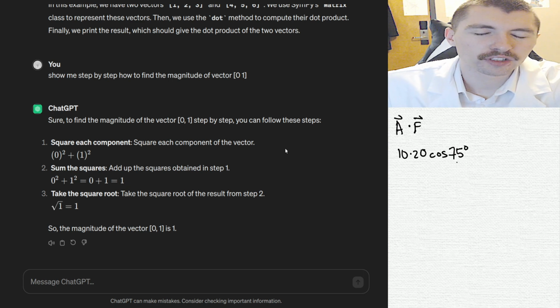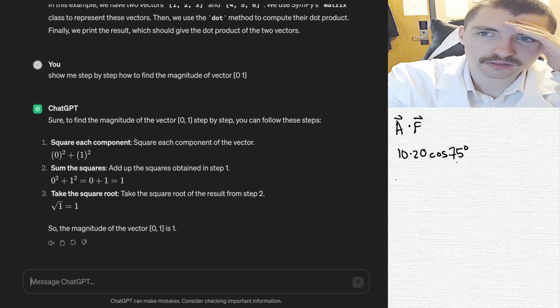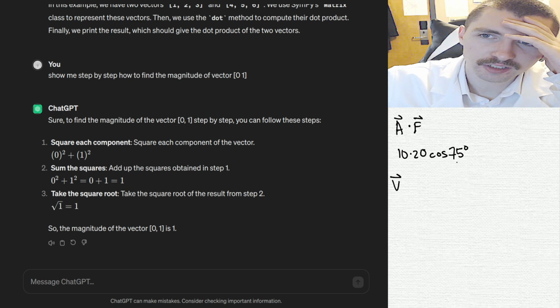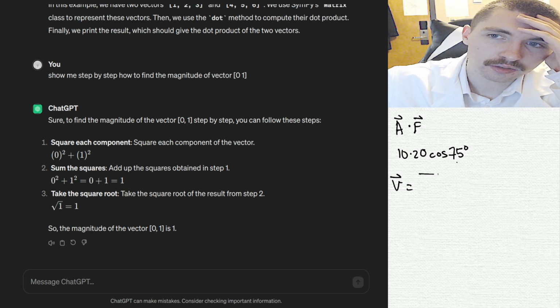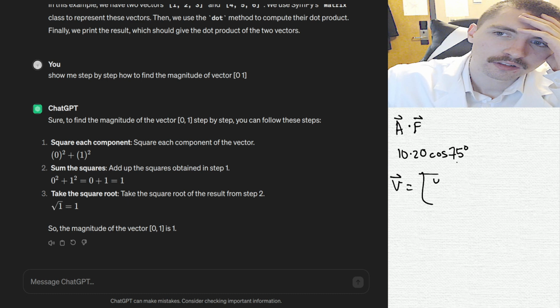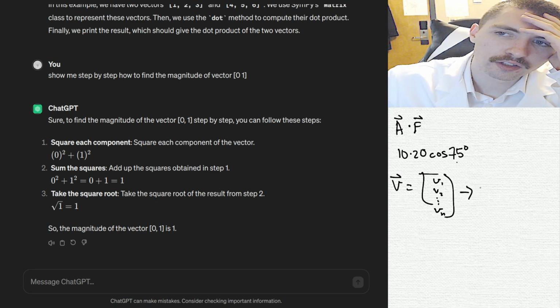So to find the magnitude, you take each component. So if vector v equals v1, v2, vn, then the magnitude of v is the square root of the sums.